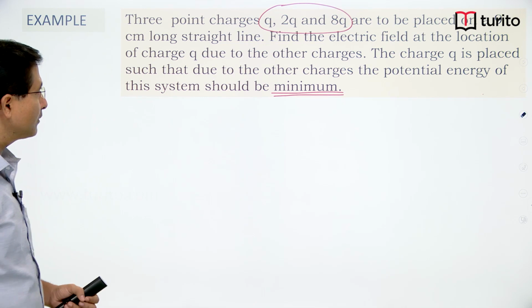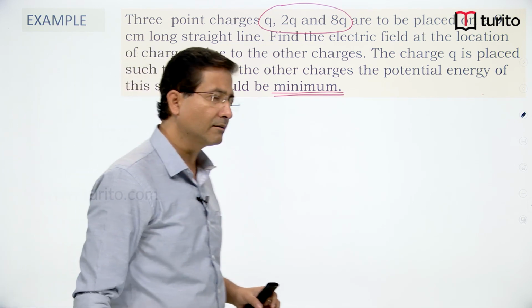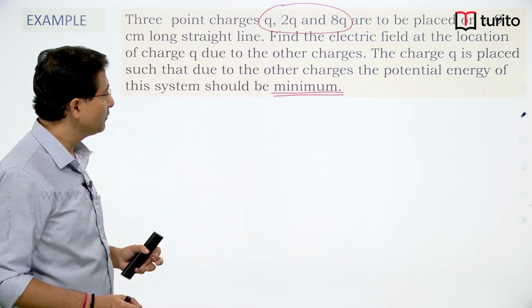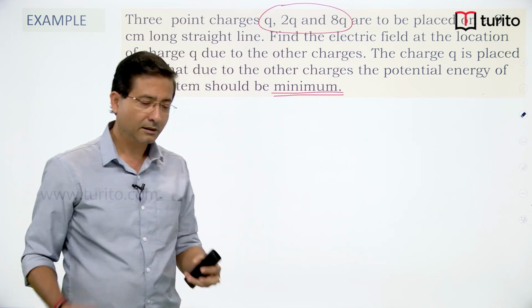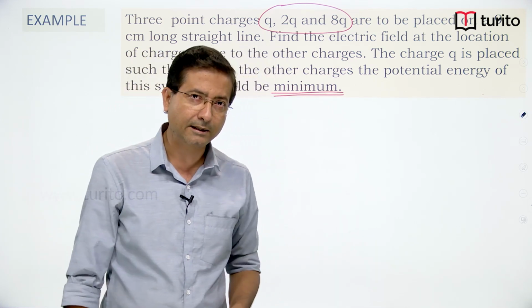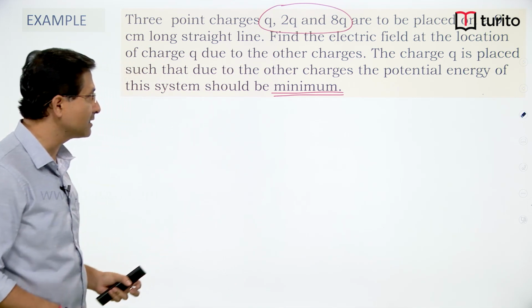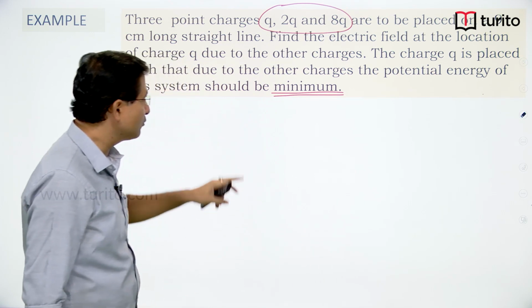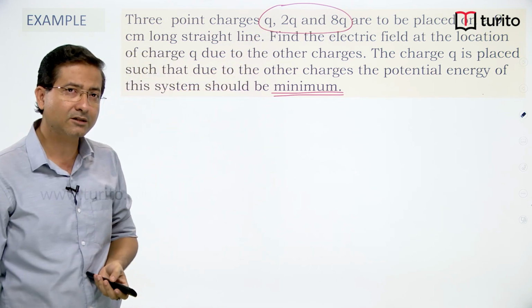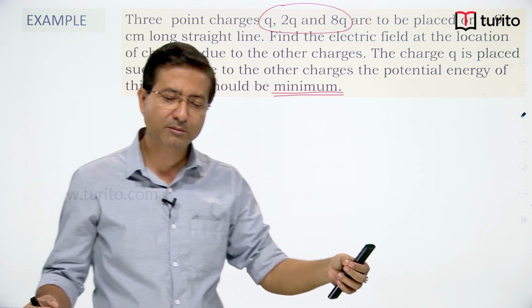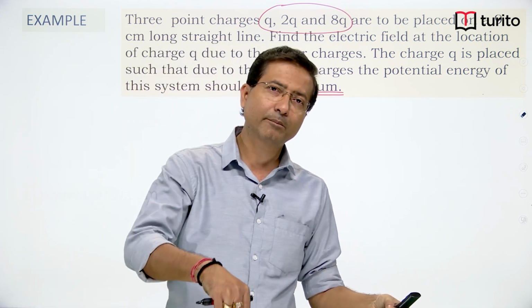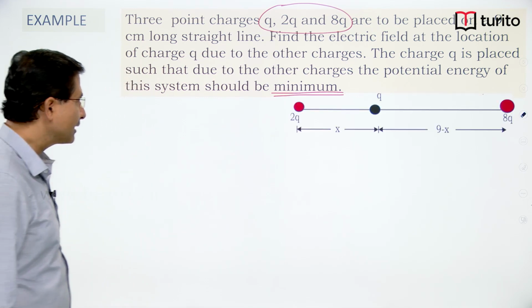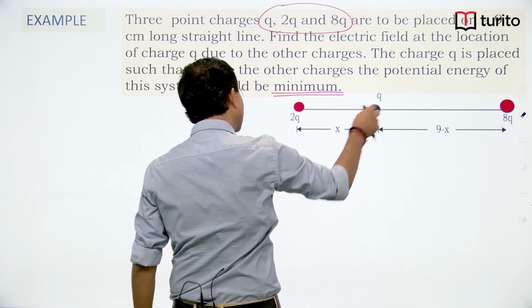We require minimum potential energy and all the charged particles are positive. So the minimum energy of the system will be when the two largest ones are at the maximum distance. I need to place these two charges at 9 centimeter distance, and in between I need to place the remaining charge. So 2q and 8q must be kept at the largest distance, and in between I will place the q charge, but I do not know the location. So what I can do is place that q charge somewhere in between at some distance x.